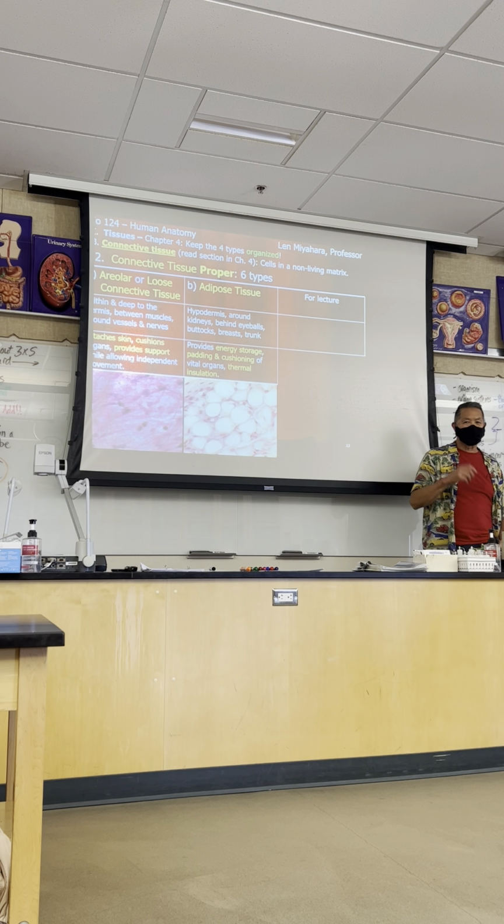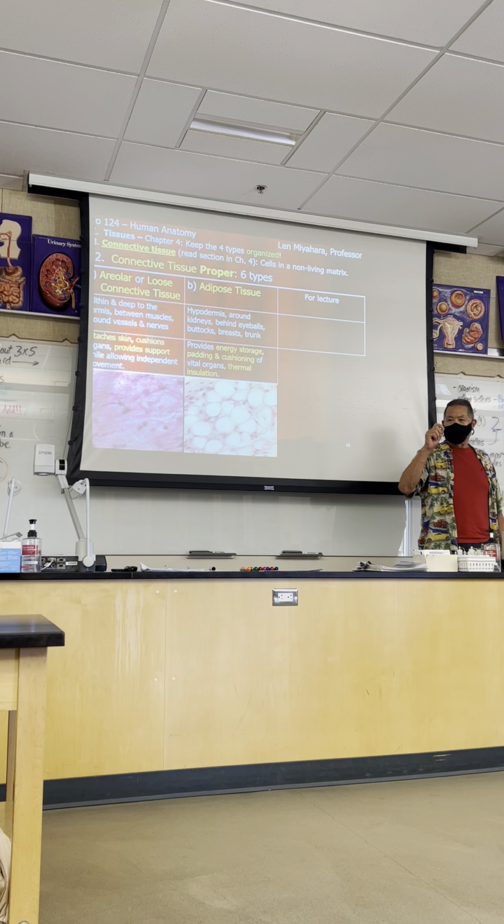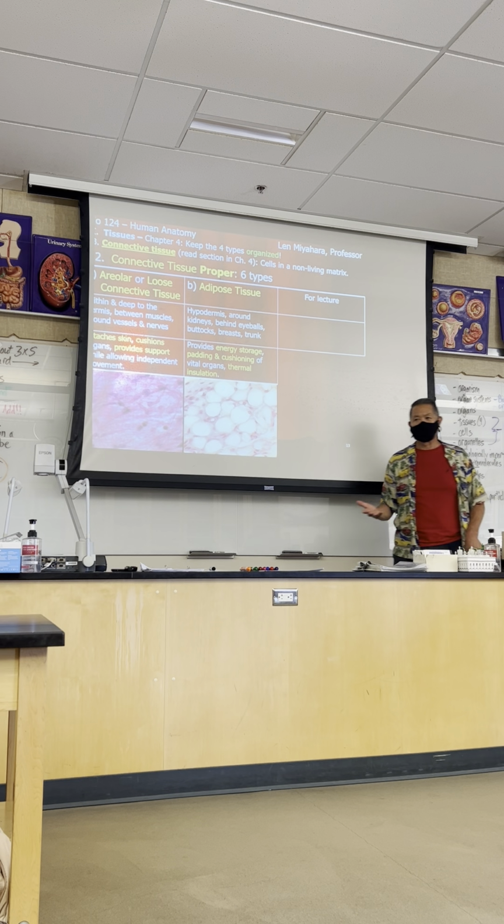I have students trying to impress me by writing areolar or loose connective tissue. And they misspell areolar. They spell loose connective tissue correctly, still lost a half point because they misspelled areolar. So don't even bother writing it, just write loose connective tissue. Or means you have a choice. Choose the easy one. That is also critical thinking.